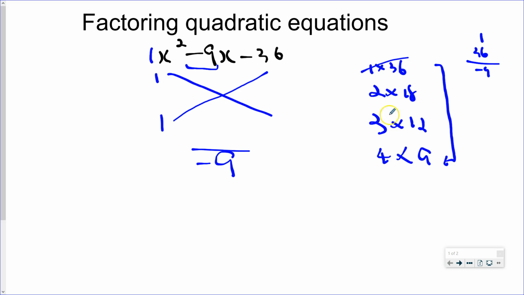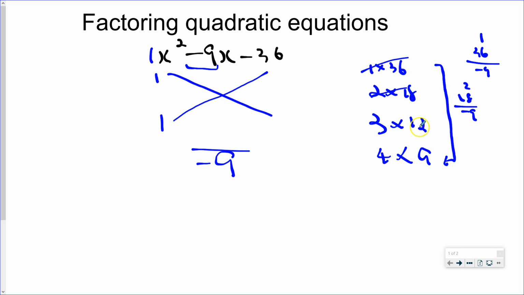So cross that out. 2 and 18, if I put 2 and 18 over here, will that work? So 1 times 2 is 2, 1 times 18 is 18. It will not get to my -9 because 2 and 18 can either give me a 16 or 20. It's not -9, so that can be out as well.